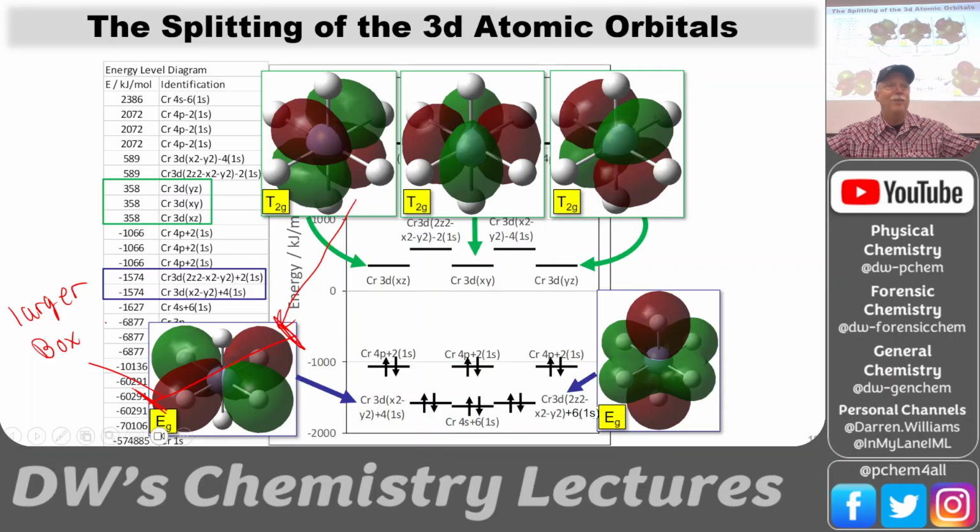If you increase the box, the energy drops. Because this is interacting with the hydrogens, it's spread out over a longer distance, so it's lower in energy, and that stabilizes this orbital. Up here, we don't really get any extension of the box. We just have that d orbital, and it's not really interacting with the hydrogens at all.